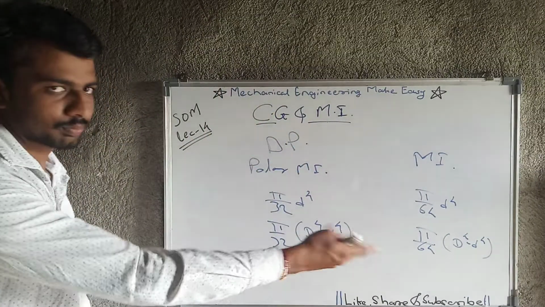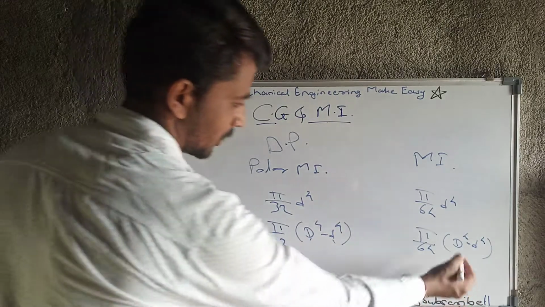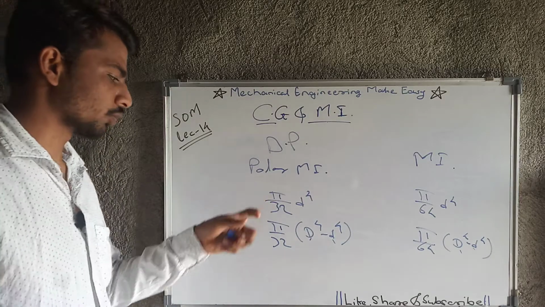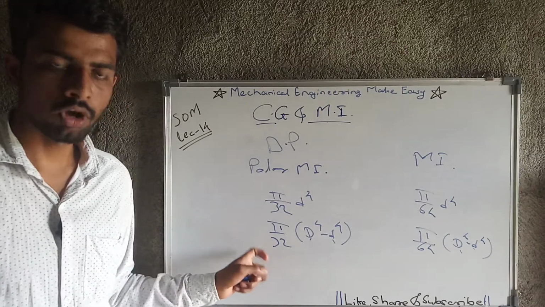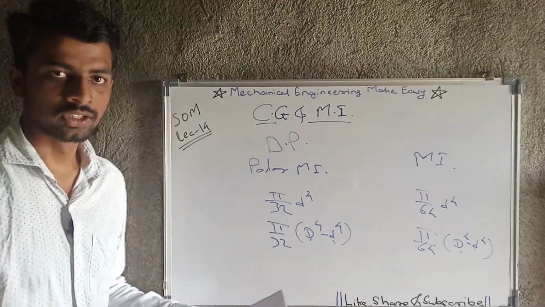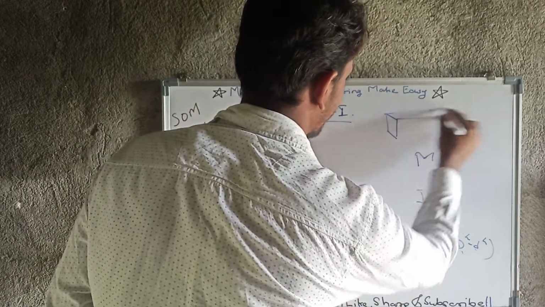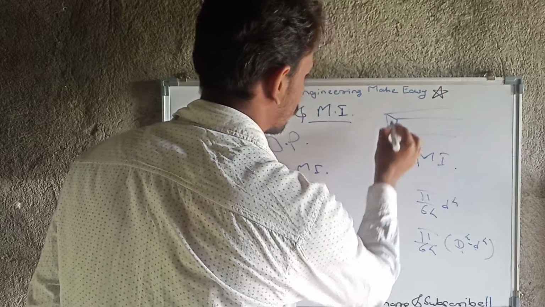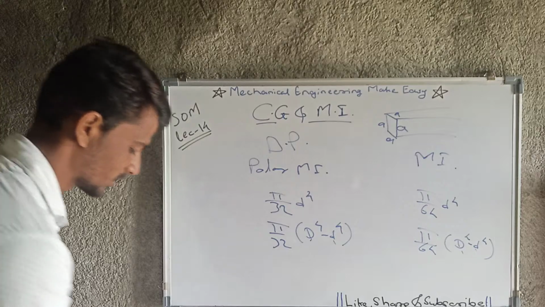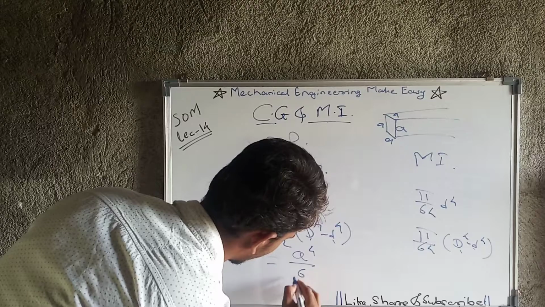All the formulas are simply the same. Here D is the outside diameter and d is the inside diameter. These are the formulas for solid circular shaft and these are the formulas for hollow circular shaft. Then there is another case, a square section. There may be a bar which is square, with each side A. For that, the polar moment of inertia will be equal to A raised to 4 upon 6.